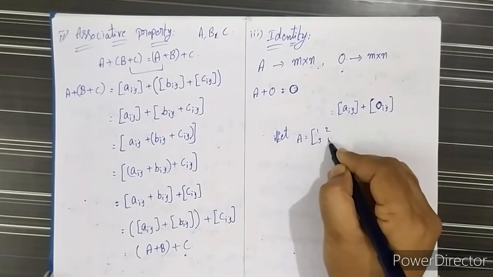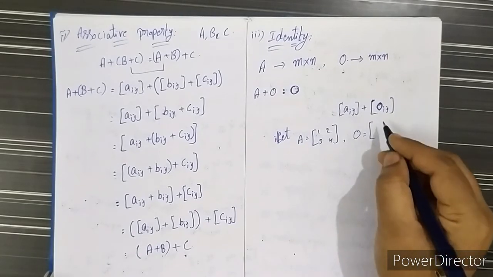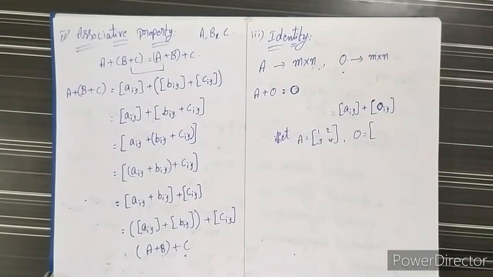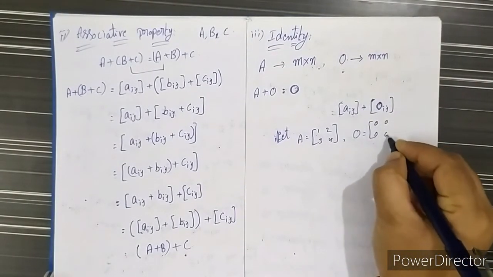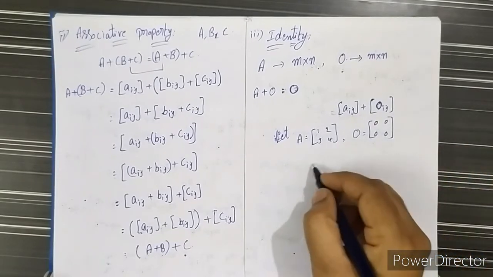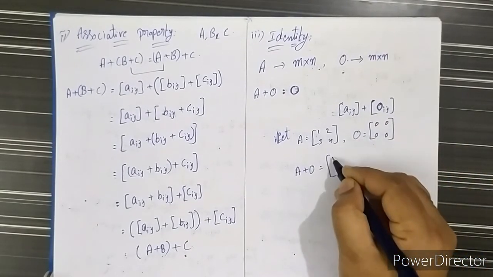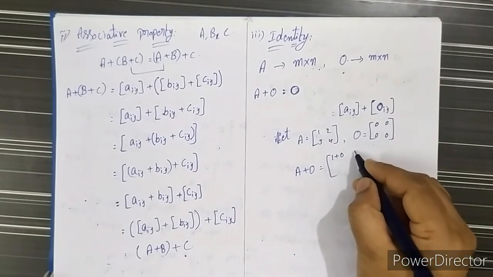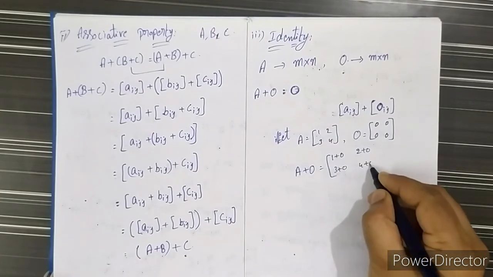That means if A equal to, let it be 1 2 3 4, then in 2 by 2 matrices O equals 0 0 0 0. This is our known. Then we can find A plus O equal to 1 plus 0, 2 plus 0, 3 plus 0, 4 plus 0.